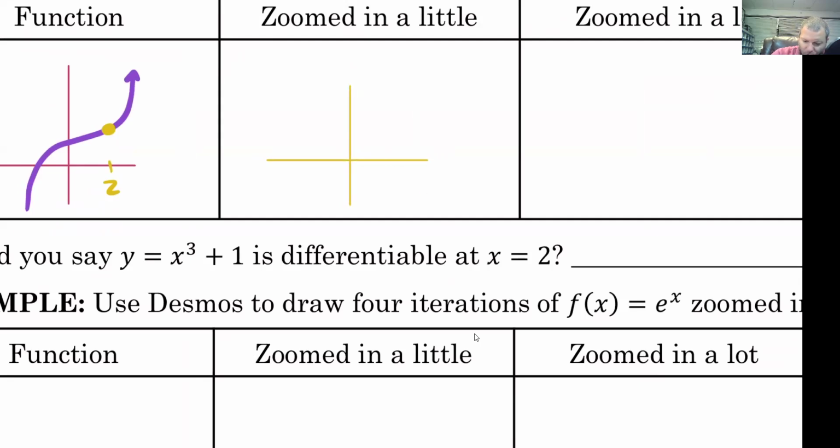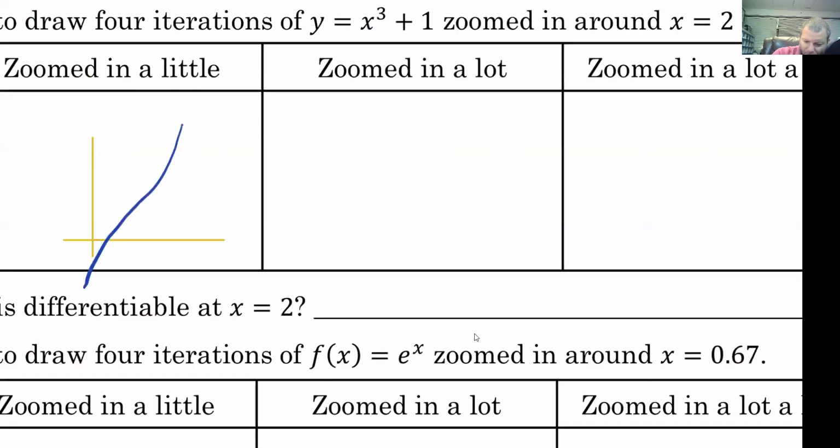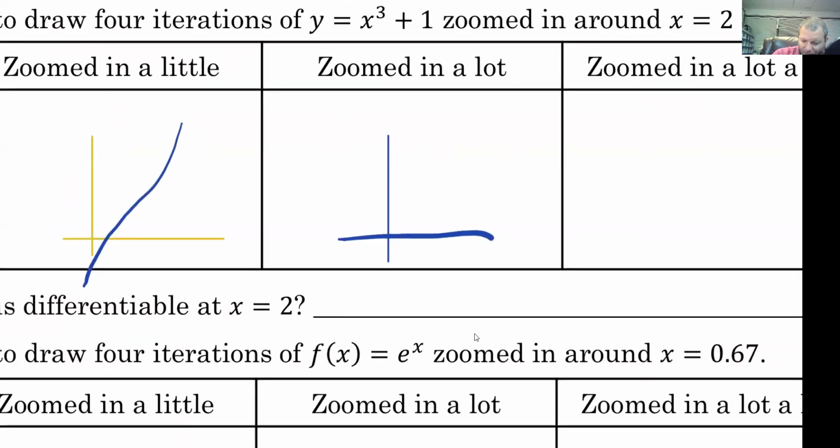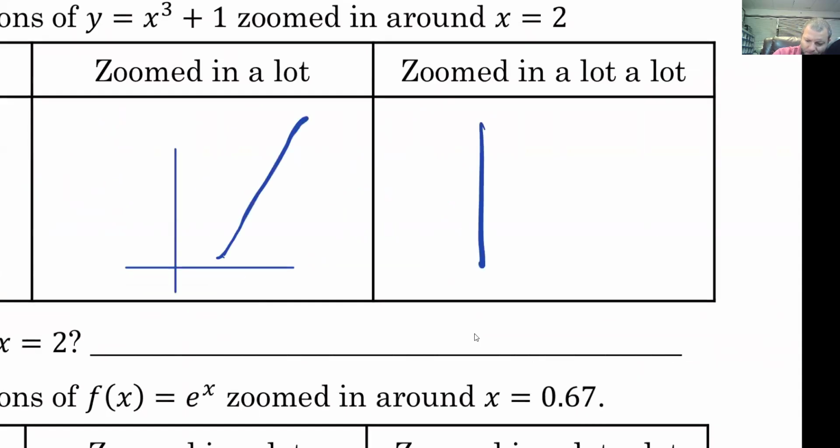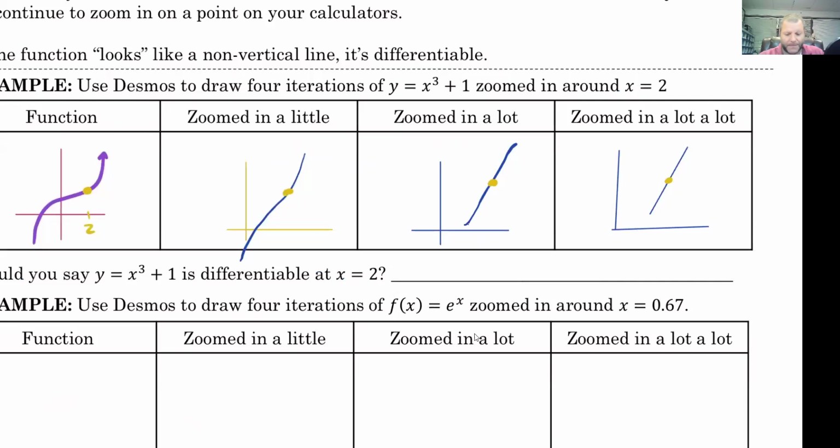Maybe it looks more like this, and then we zoom in a lot, it starts to look like this. There's a little bit of curvature maybe, but when we zoom in enough, it looks like we just have a line, a straight line with that point (2, 9) in the middle of that straight line.